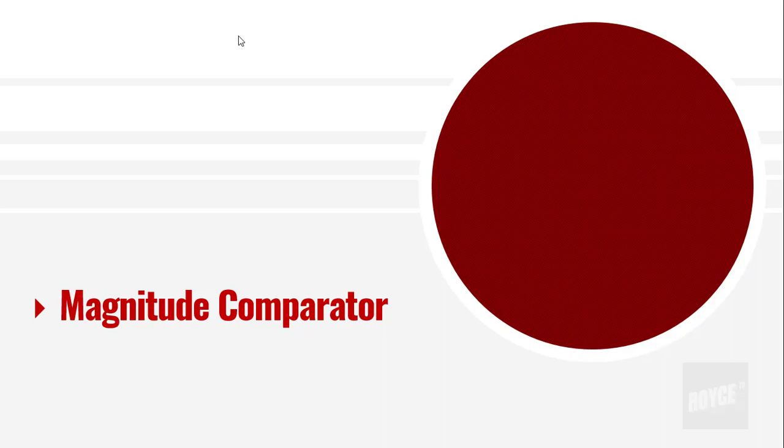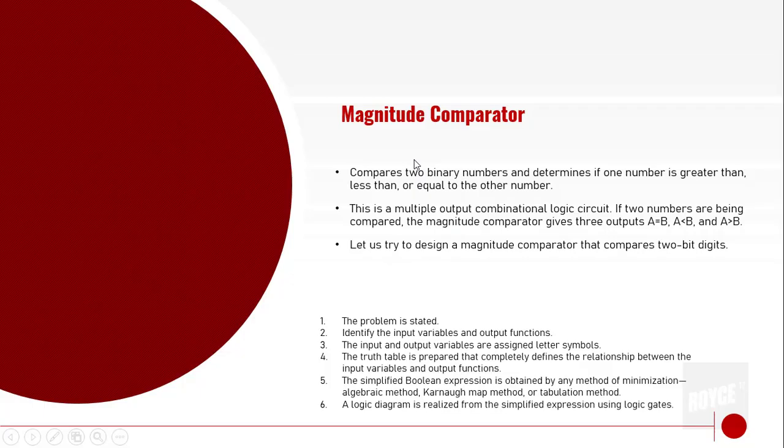Okay? So, ano ba yung magnitude comparator? Sabi natin kanina, this comparator compares two binary numbers. I-determine niya ngayon yung dalawang number. This will have three outputs. It will display if the numbers are equal, if one number is greater than the other, or one number is less than the other.